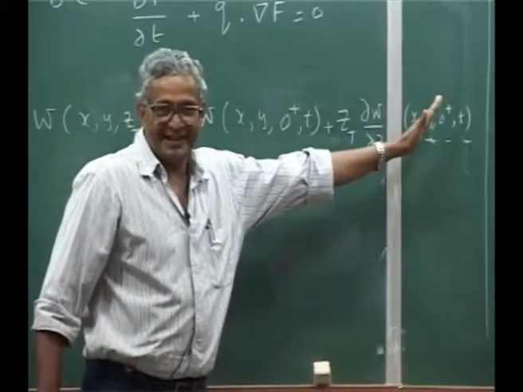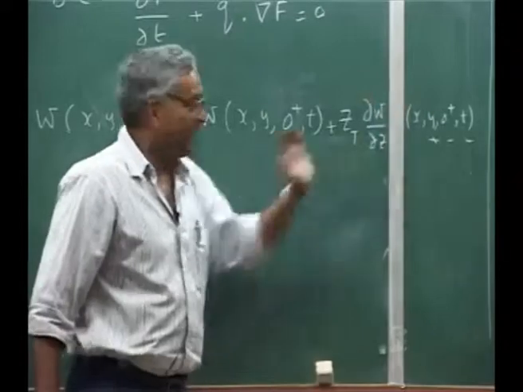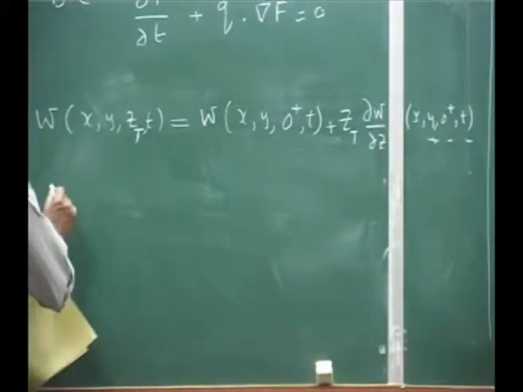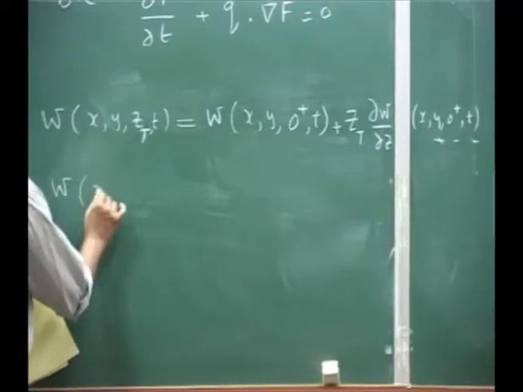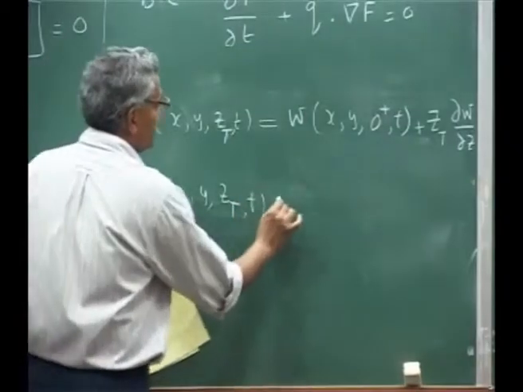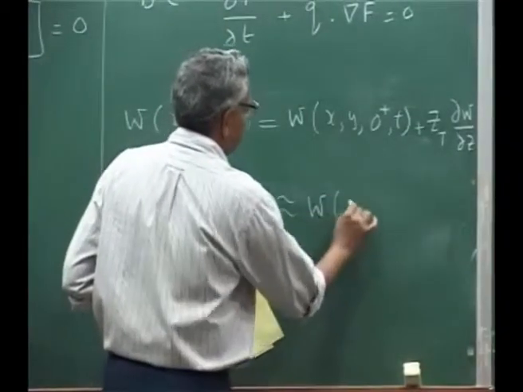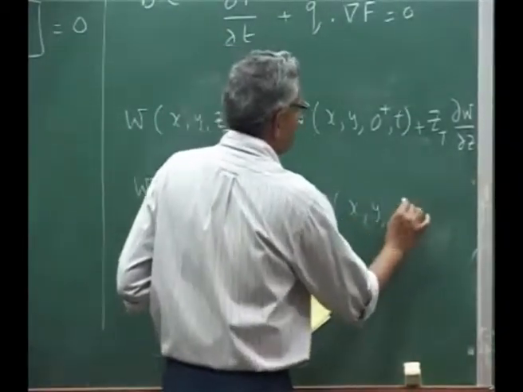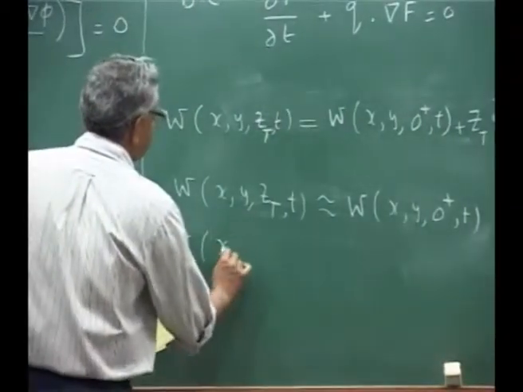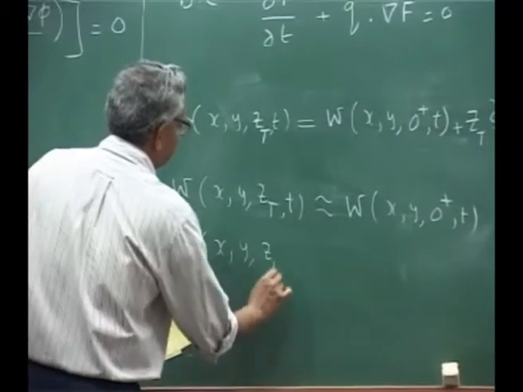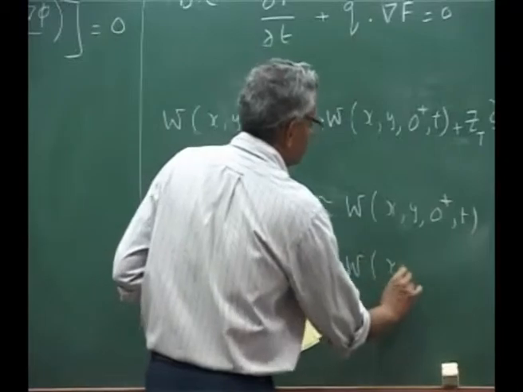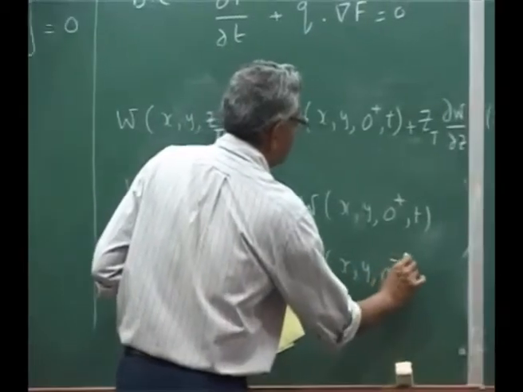Okay? I neglect this term, and then I say that the W at x comma y comma z top surface T is W x comma y comma 0 plus, and I am going to write similarly for the bottom, W x comma y comma 0 minus comma t.